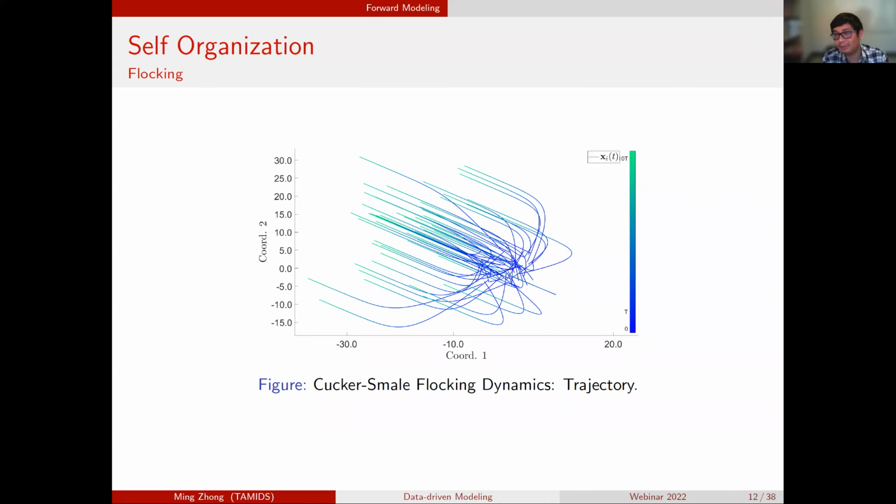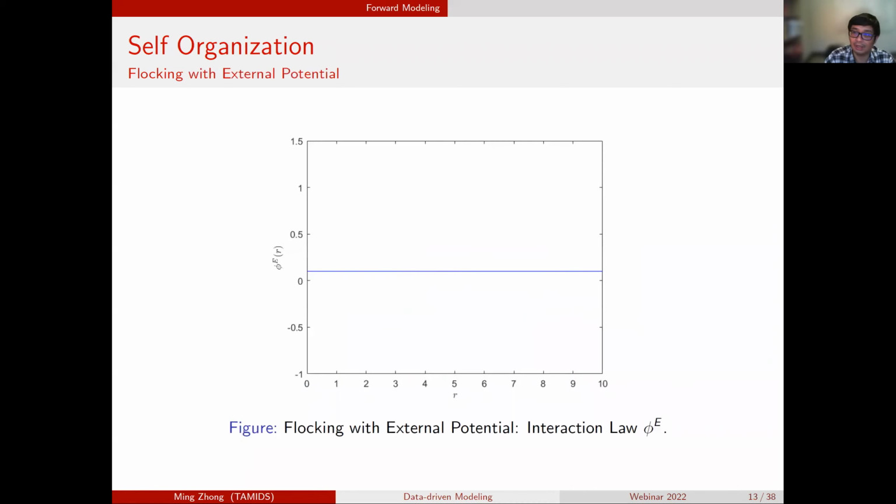So then you would want to say, well, what if I want to build this collision avoidance into this model? Then you want to build in this external forcing based on energy potential. So in this case, we have another flocking model, flocking with the external potential. That means that the energy-based interaction law is present.